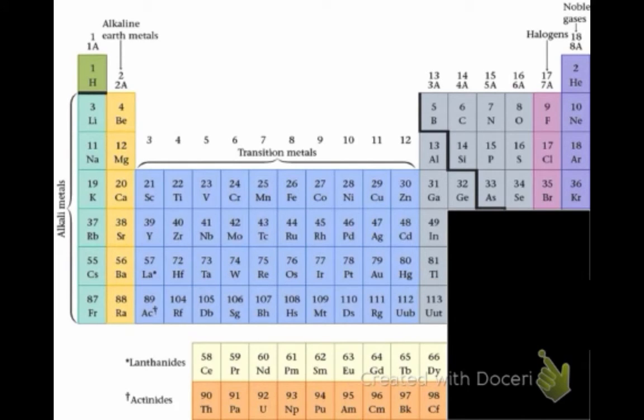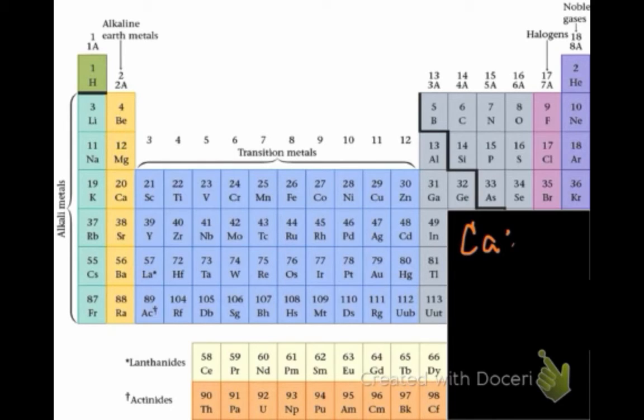Okay, so let's look at a couple of practice problems here, to see how you might use this. Once again, we can see where all the different elements are. Let's say I gave you an example and I said, what about calcium? If you find calcium on the periodic table, what could you tell me about it?